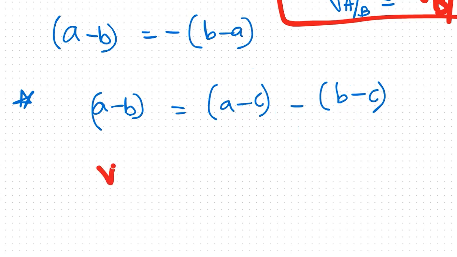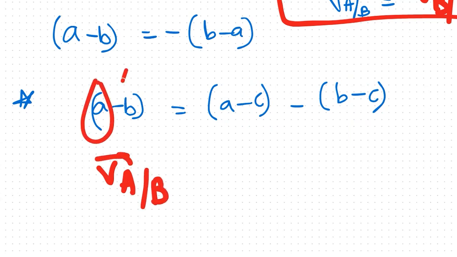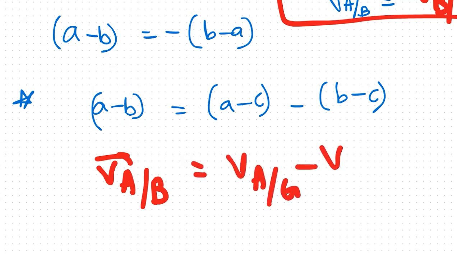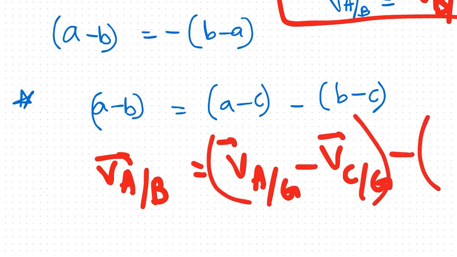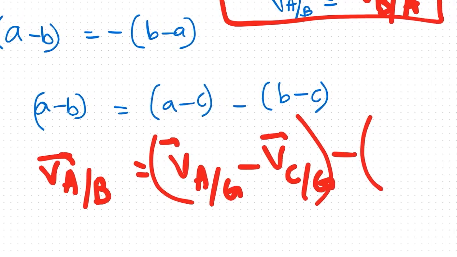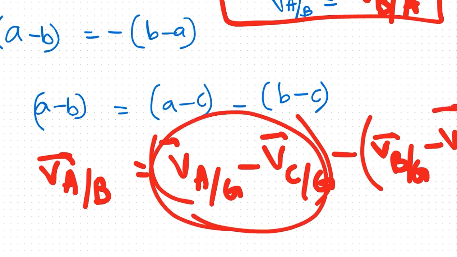So similarly, if they say A upon B, we know that it is VA minus VB. Can I write VA with respect to ground minus VB with respect to the ground, and then plus and minus VC with respect to the ground?